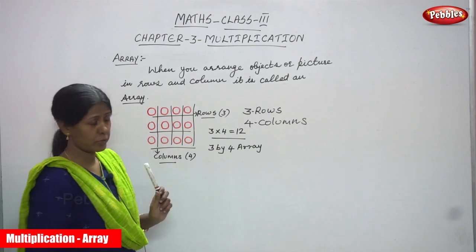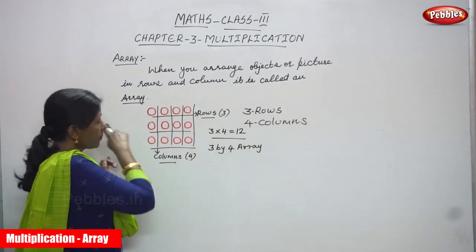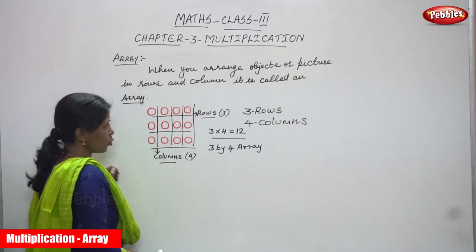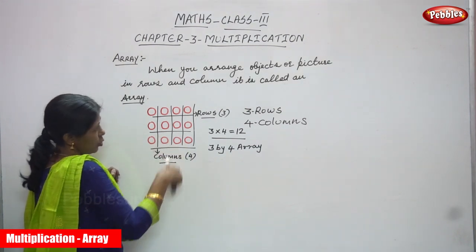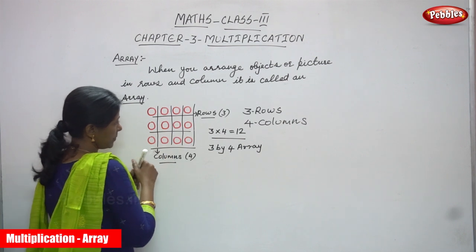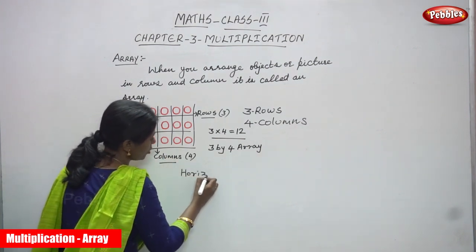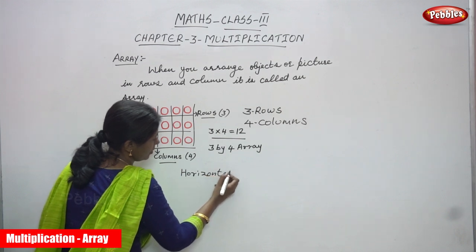So this is an object, a circle. See, this is a horizontal line.